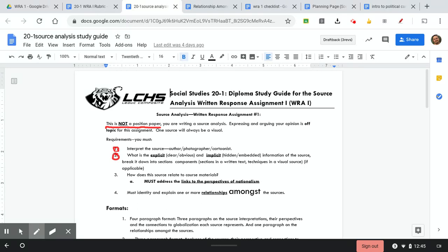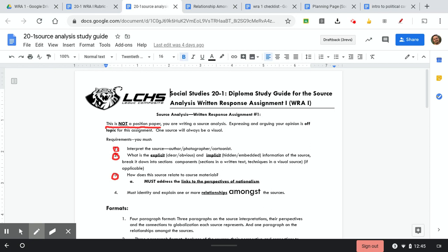Here we're breaking it down into sections and components, and we're going to look at this in greater detail. And then number 3, how does this source relate to course material? Now here it says, must address the links to the perspectives of nationalism. This would be for social 20. For social 10, you must address the links to the perspectives of globalization.